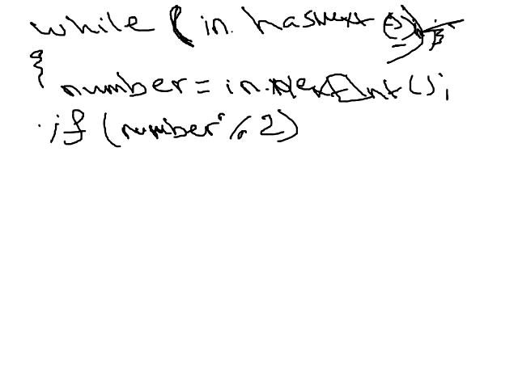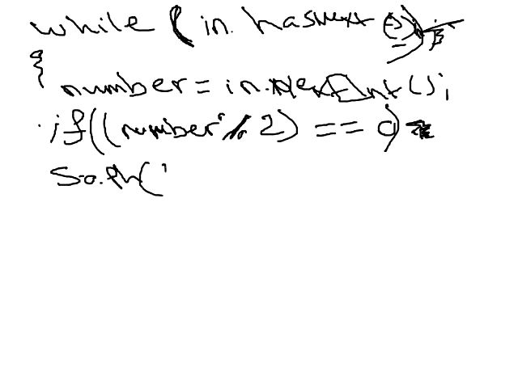If it's divided by 2 and the remainder equals 0, it means that it's an even number, right?